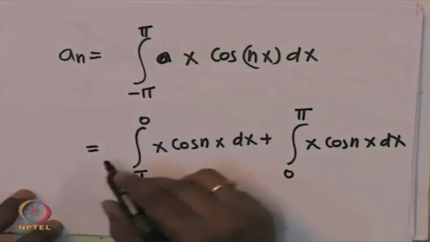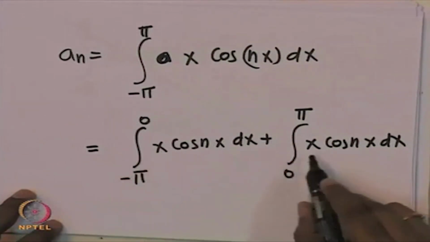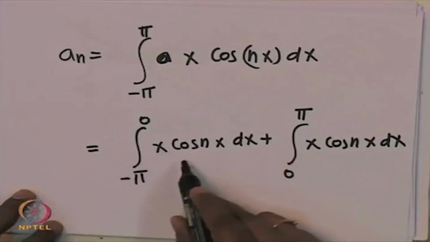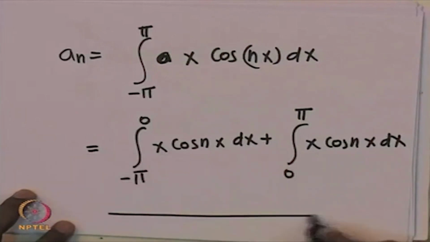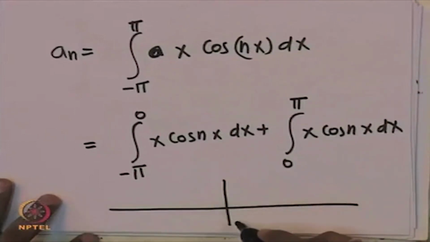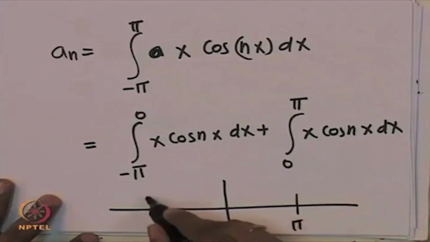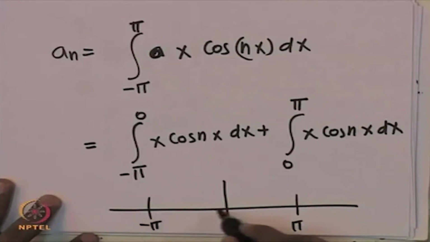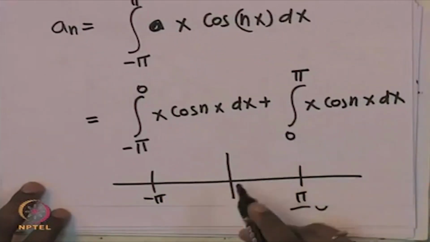So, it is like a sum. Here this is the negative part and this is the positive part. What we want to do is make a division at 0. Above 0 this is pi, below 0 it is minus pi. So, this is 0.